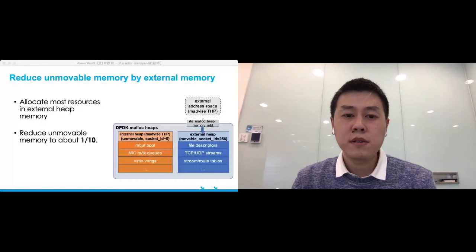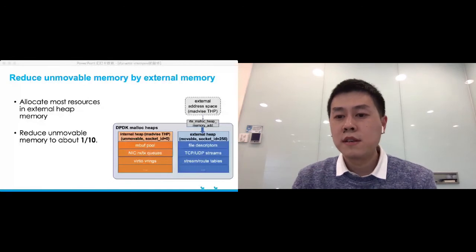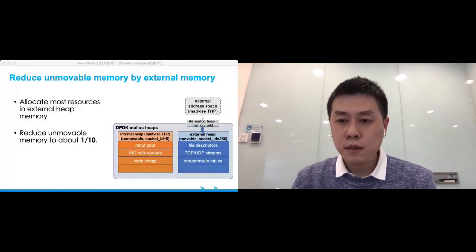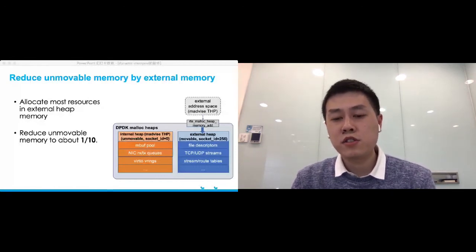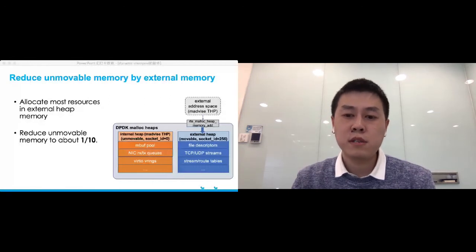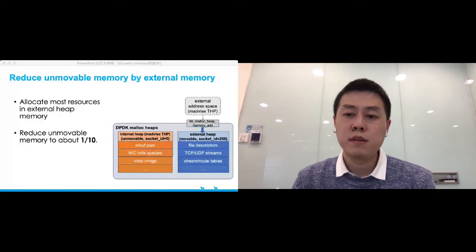In the internal heap allocated by DPDK itself, we could allocate objects and structures such as mbufs or Rx/Tx queues that would be accessed by a device. Memory in the internal heap is still unmovable, and other data structures such as file descriptors and streams are allocated in the external heap.